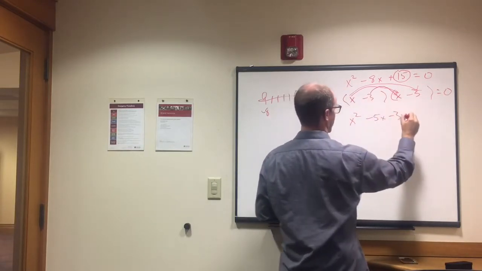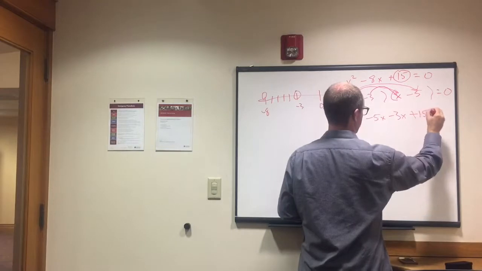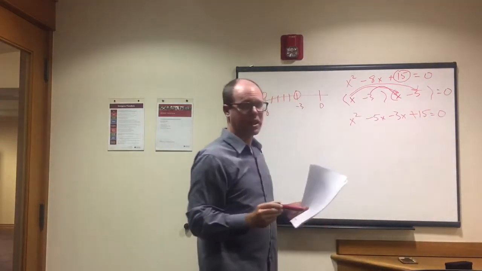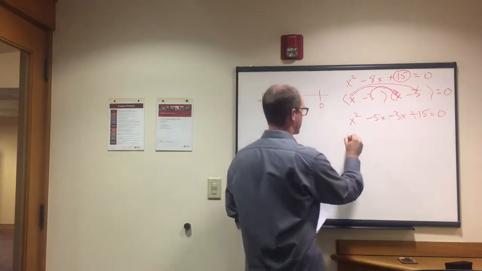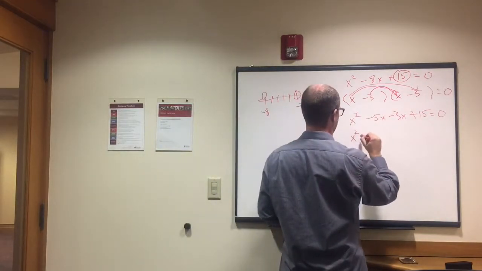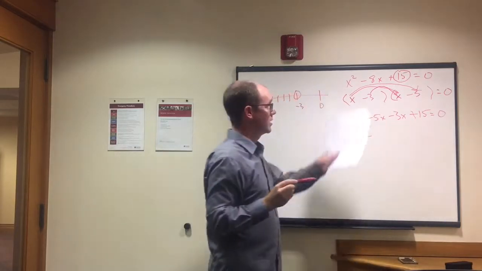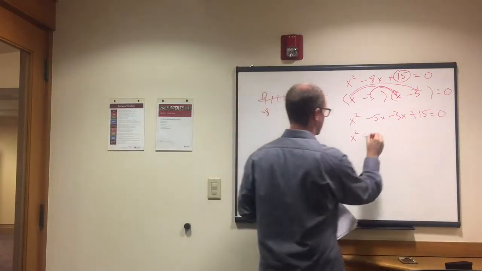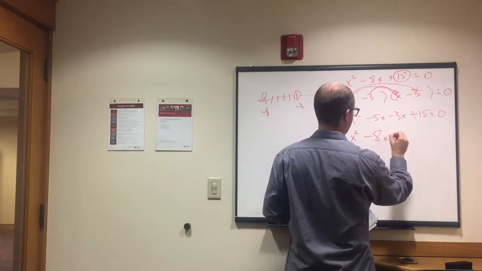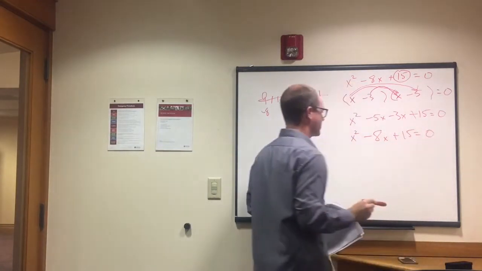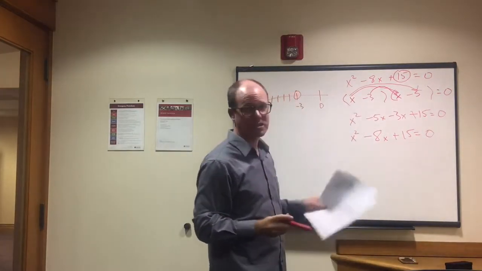Negative 3 times negative 5 is plus 15, equals 0. Then we can combine like terms, right? We have x squared still by itself. Negative 5x minus 3x is negative 8x, plus 15 equals 0. So what we did works, yes?